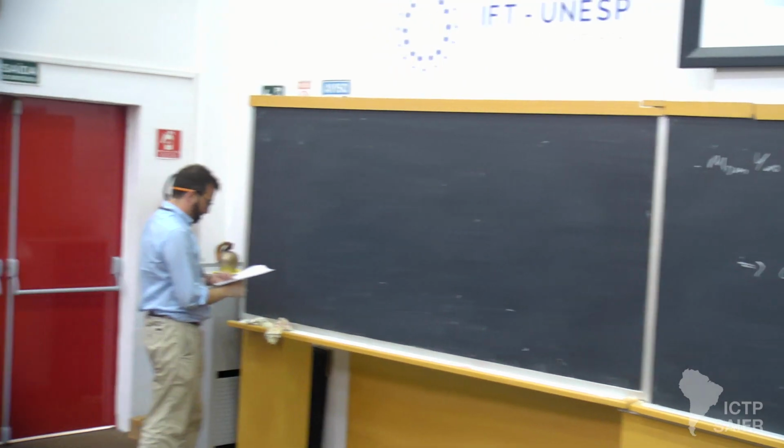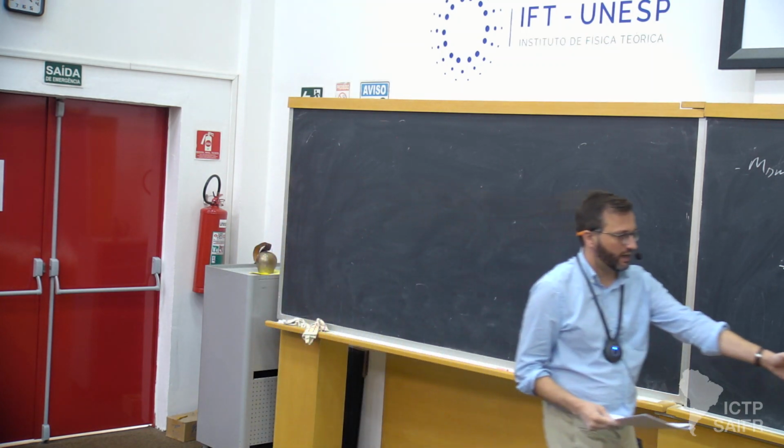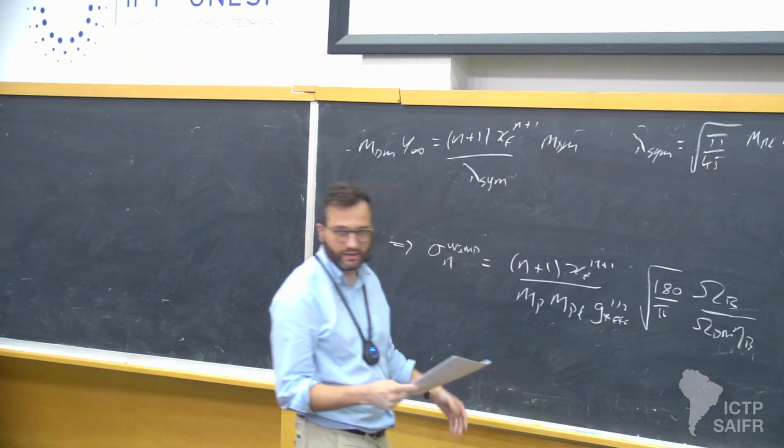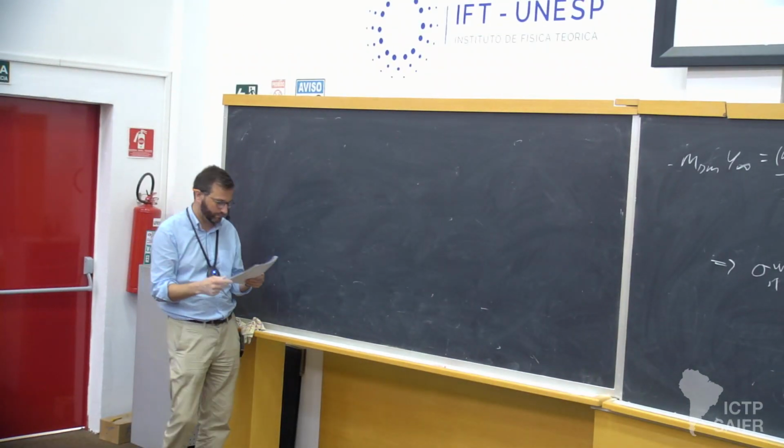Okay? So basically a small change in the cross-section is enough to massively suppress R infinity from 1.